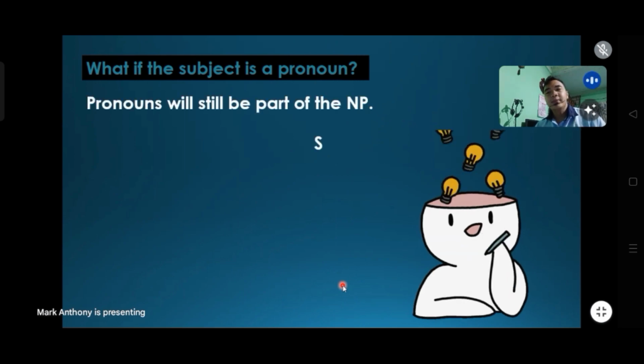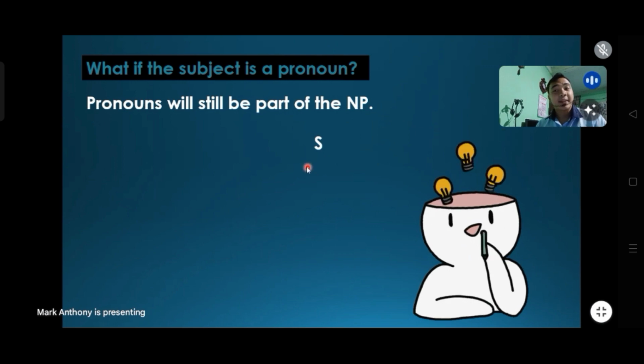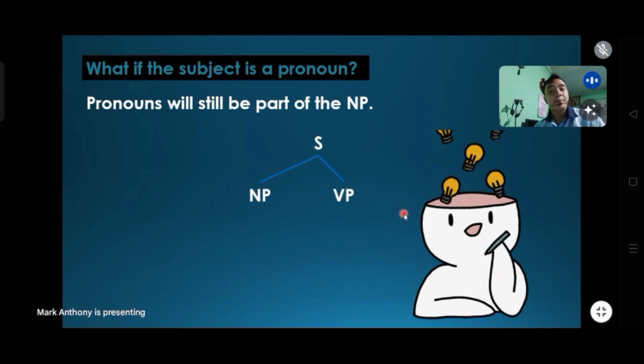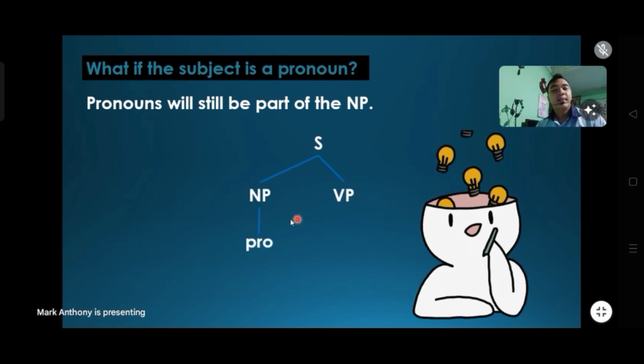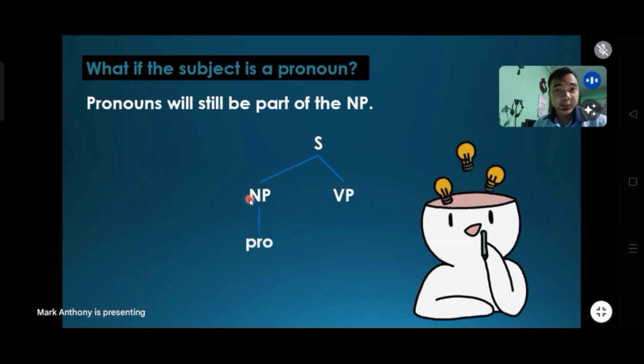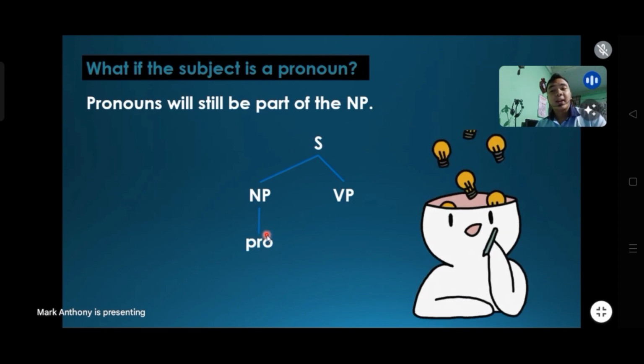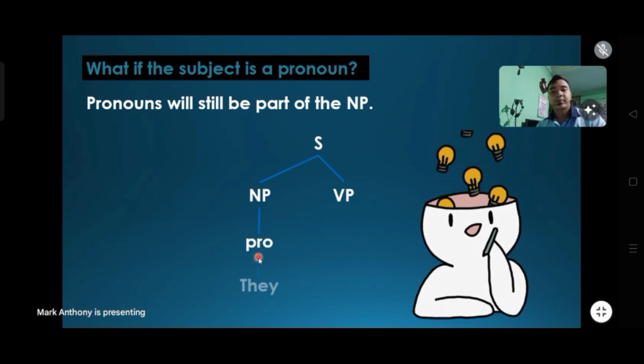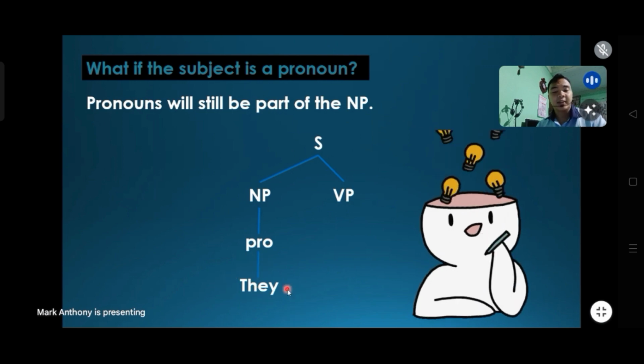So for example, here we have the sentence, which will be divided into its subconstituents: the noun phrase and the verb phrase. If the subject is a pronoun, it is still a part of the noun phrase, but we should write it as pro, which means a pronoun. Here is the pronoun, they.